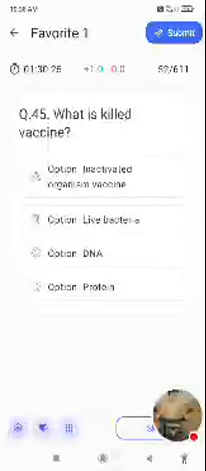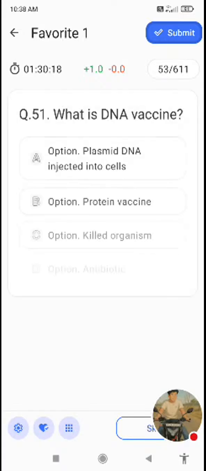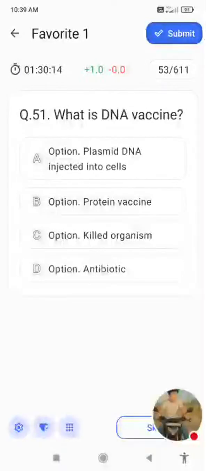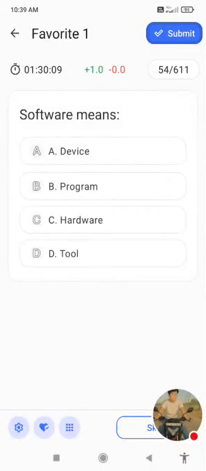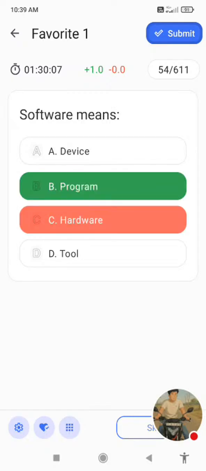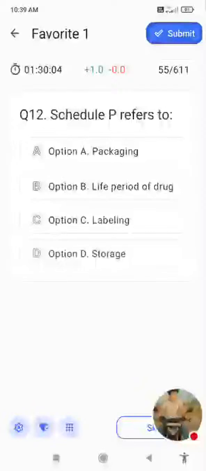What is killed vaccine? Inactivated organism vaccine. What is DNA vaccine? Plasmid DNA injected into cell. Software means hardware program. Schedule P refers to, option B, life period of drug.